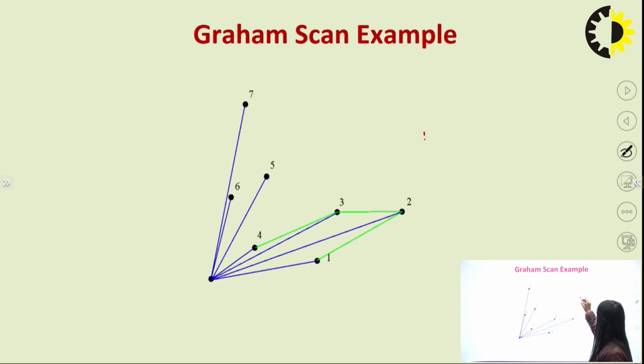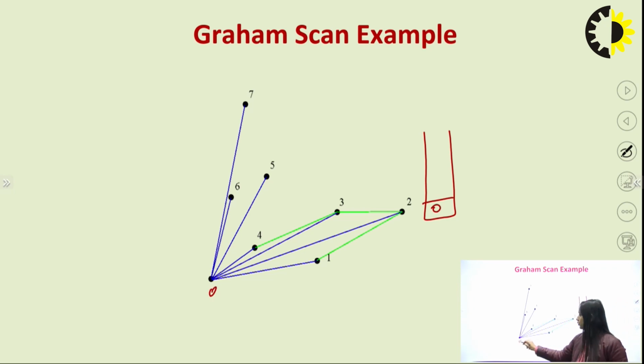See, now again 0, 1, 2. Okay, I have already inserted this point into the stack, right? If I extend this point, this part is right and this part is left.